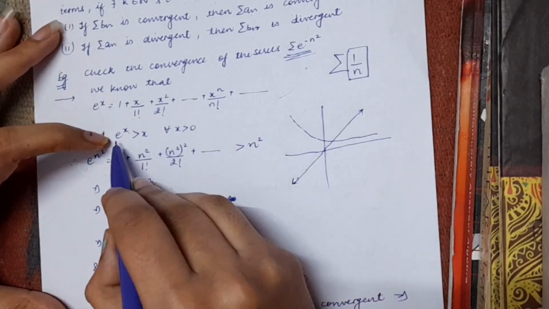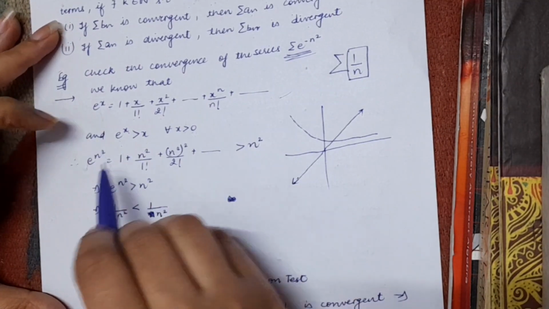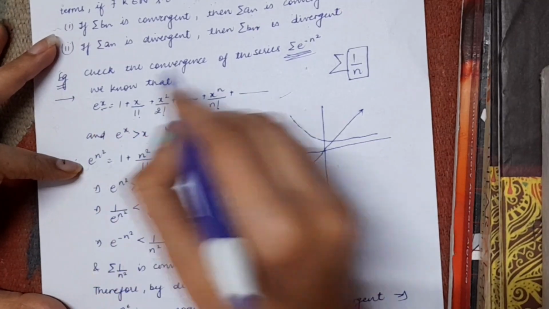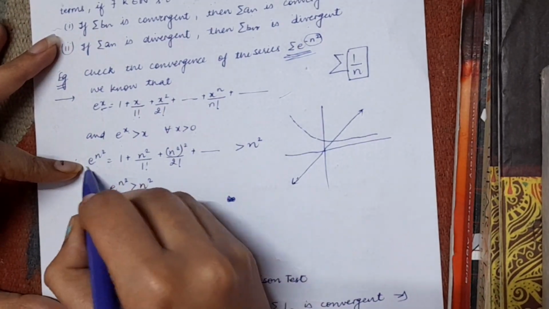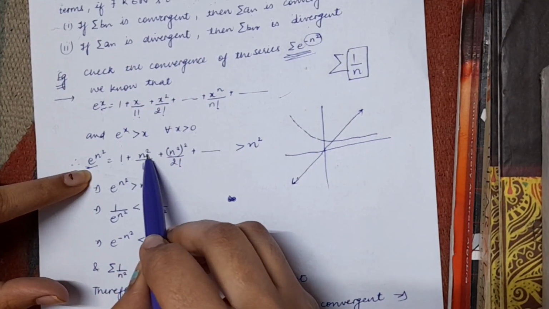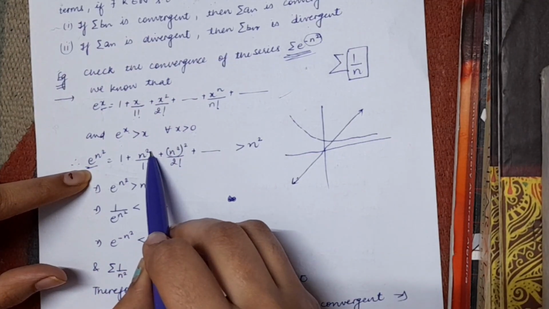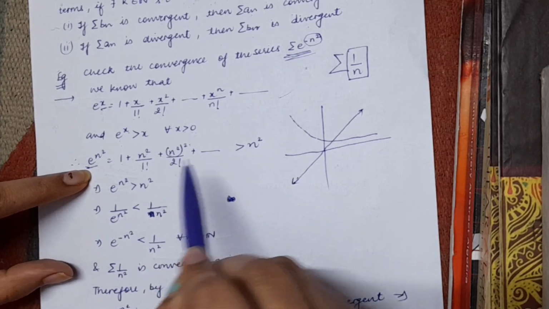So we know that e to the power x is always greater than x for all x greater than 0. In place of x we need minus n square, so we take n square. Therefore in place of x we get n square: 1 plus n square divided by 1 factorial plus n square square divided by 2 factorial and so on.